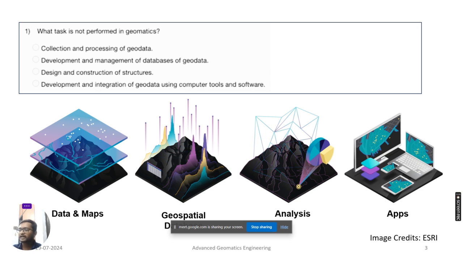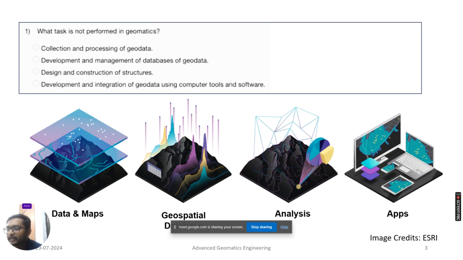But when I ask you to pinpoint the locations of the different objects near you, then we are introducing the space component, and we have to specify the exact latitude and longitude of all those objects surrounding us. Then we convert our information from a normal list to a geospatial database, where we associate coordinates with each object or phenomenon so that we can track those things spatially. So basically that is about geospatial data, and then using that data, we convert it into maps so people can use it.